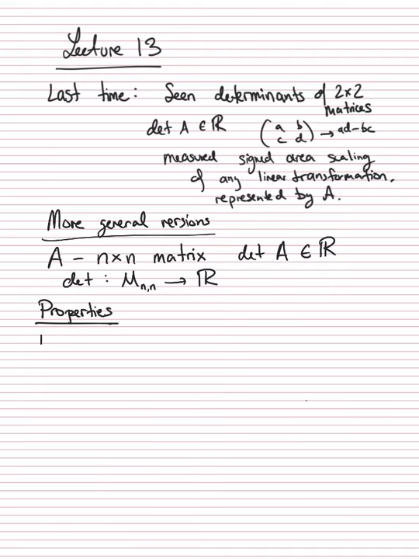Okay, so the first is going to be that it's linear. Determinant is linear in each column.